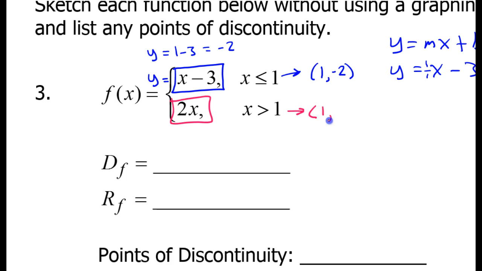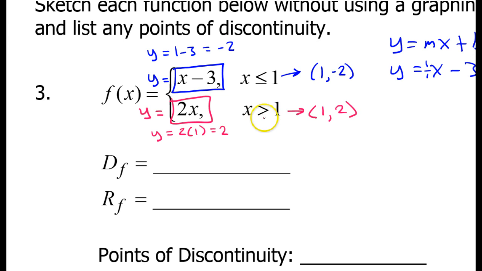So the x value is still 1. What's the y value going to be now? So remember, this is like y equals 2x. If x is 1, that means y is equal to 2 times 1, which is equal to 2. So the endpoint of this piece of the function is the point (1, 2).